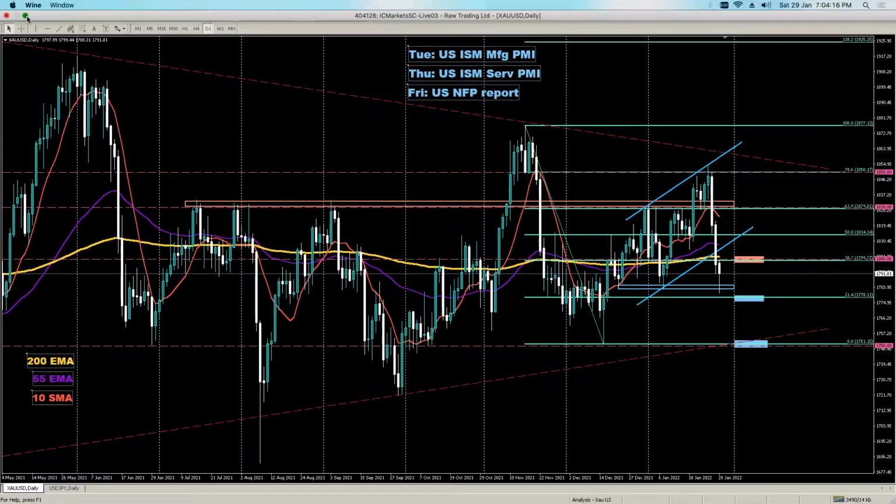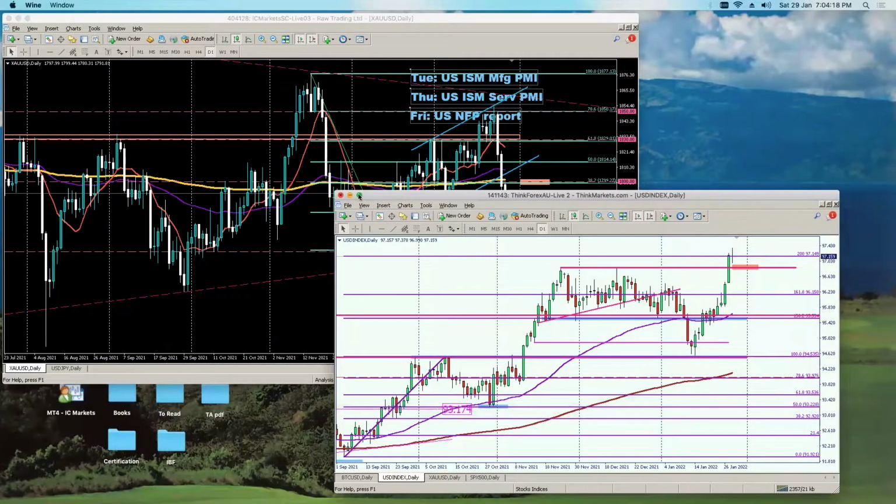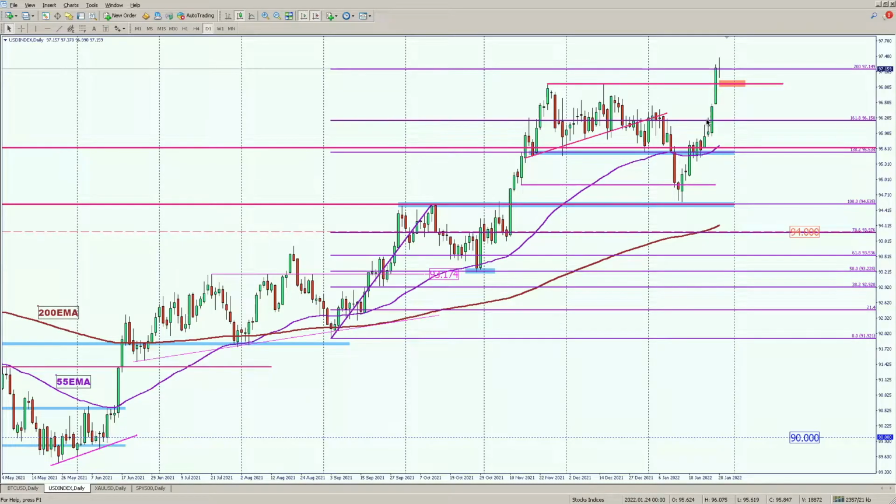You'll see the US dollar index now, the DXY, where Wednesday's announcement from the Federal Reserve pushed it through the 162 FIB extension level, and then right through the recent highs at the 96.86 area, and right through to hit the 200 FIB extension, and pause there on Friday.